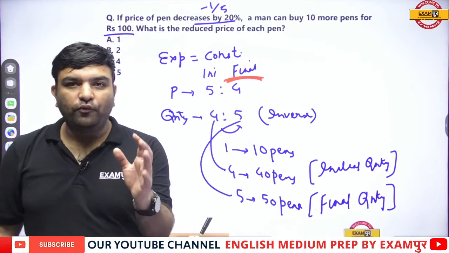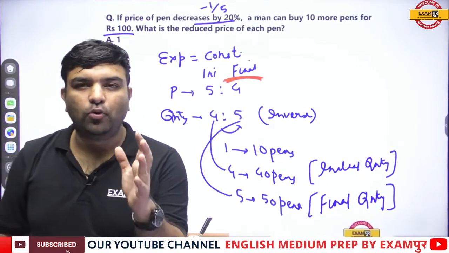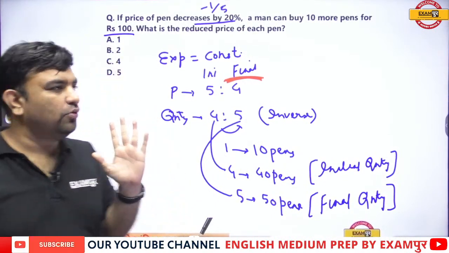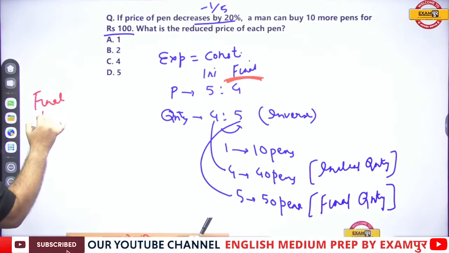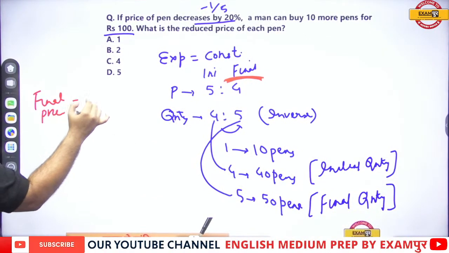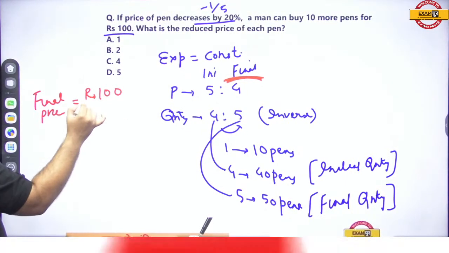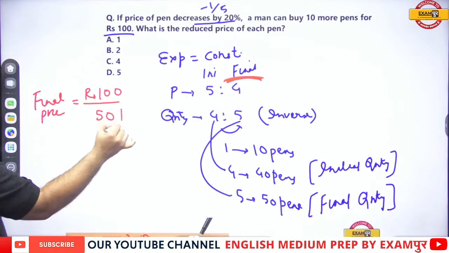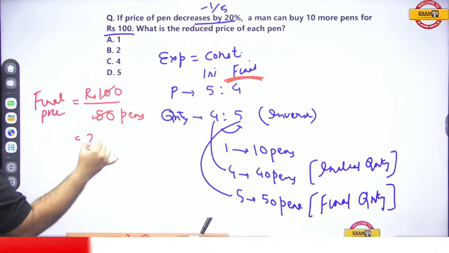How can we find out the final price? With the help of final quantity. So final price is going to be expenditure, 100 rupees, upon final quantity. And the final quantity was 50. So it's 2 rupees per pen.